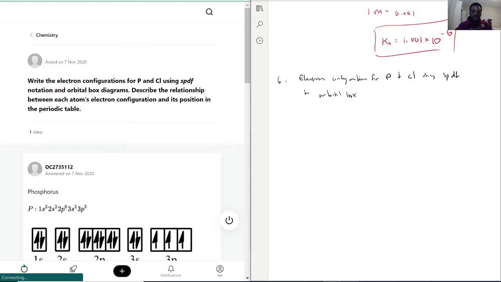We want to make sure we do our whole Aufbau principle: 1s, 2s, 2p, 3s, 3p, 3d, 4s, 4p, 4d, 4f. And I want to stop there, because based on our periodic table, phosphorus and chlorine don't go that far. They actually end in the 3rd row, so we don't have to go that extensively.